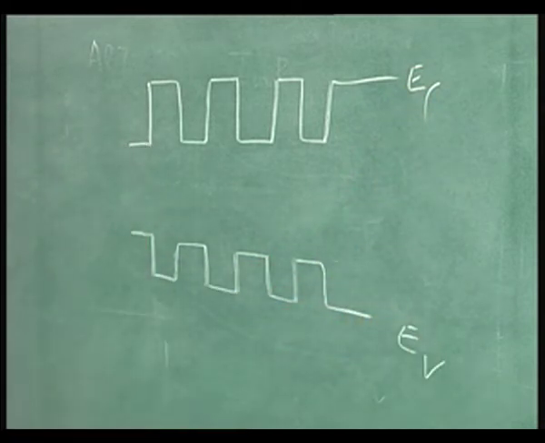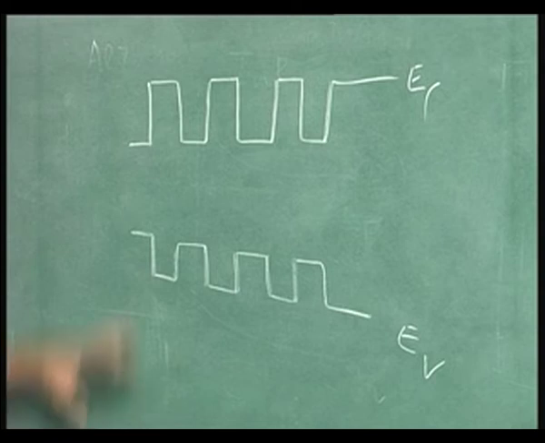This type of structure is called superlattice, where you have wide band gap, narrow band gap, wide band, narrow band gap.